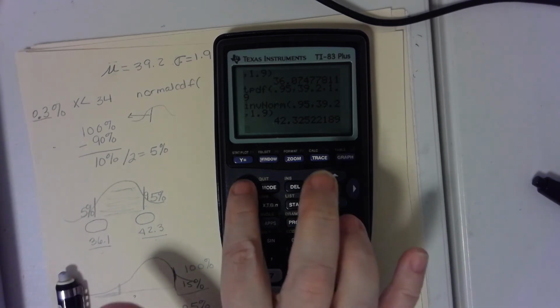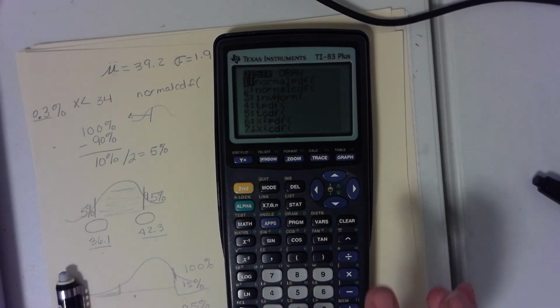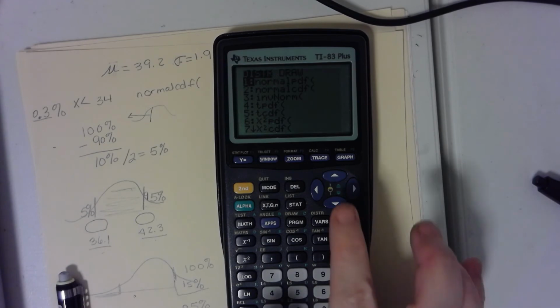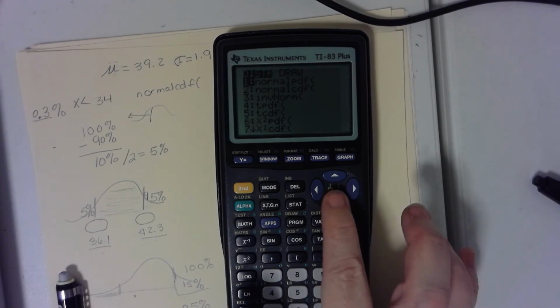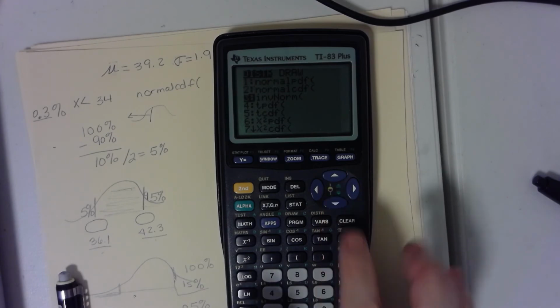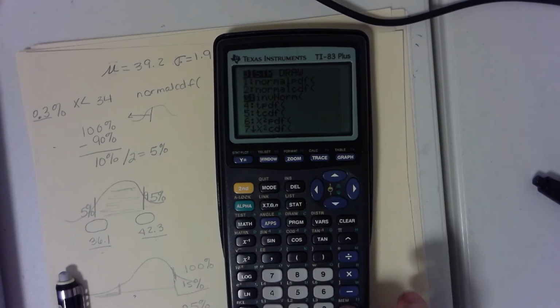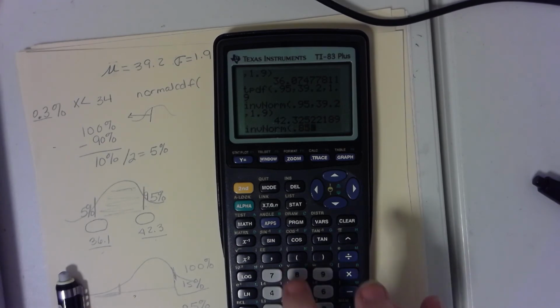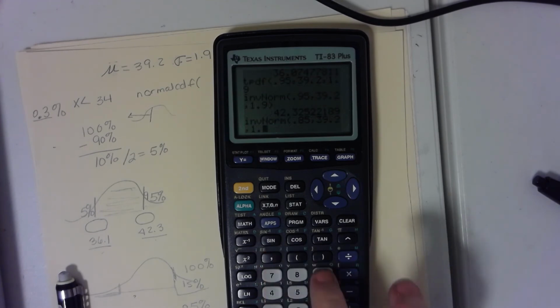So I'm going to do second vars. Whenever you're given the percentage, you use inverse norm. Whenever you're finding a percentage, you use normal CDF. Inverse norm, 0.85, comma, 39.2, comma, 1.9, enter.